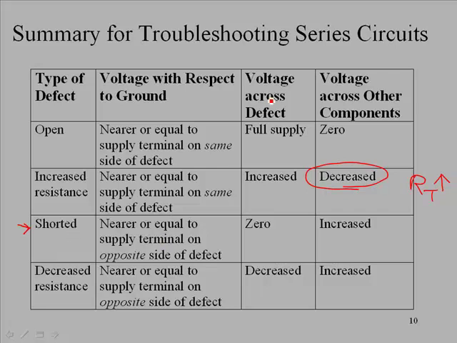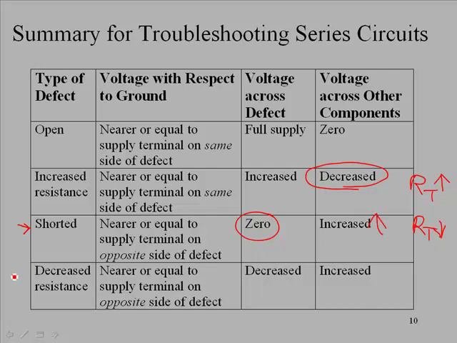The voltage across the defect with a short should be zero. And the voltage across other components should go up, and it is for the opposite reason that the voltages went down here, because now the total resistance has gone down, the current is going up, the other resistances remain the same. So with the current going up and resistance remaining the same, the voltage across other components will increase.